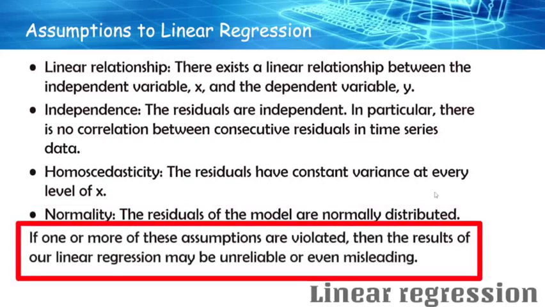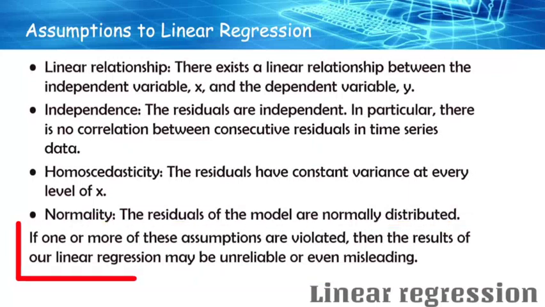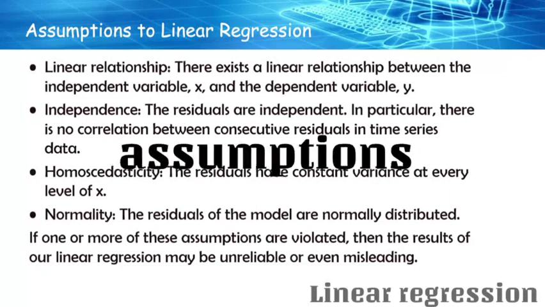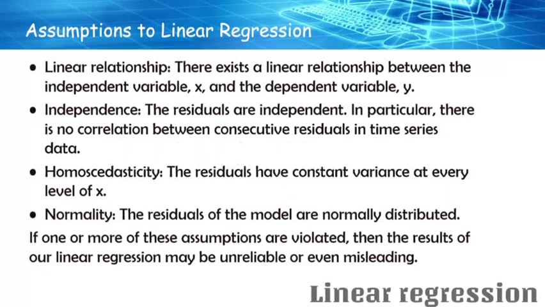If one or more of these assumptions are violated, then the results of our linear regression may be unreliable or misleading. So these are the limitations. Basically, these are the assumptions the data set must satisfy so that we can easily apply linear regression.